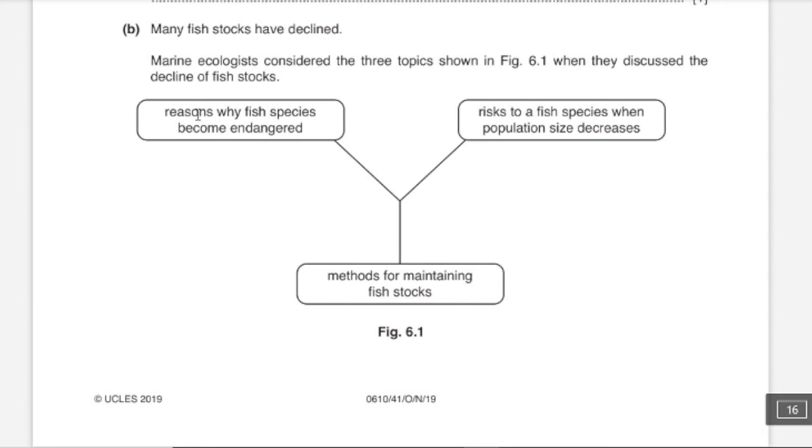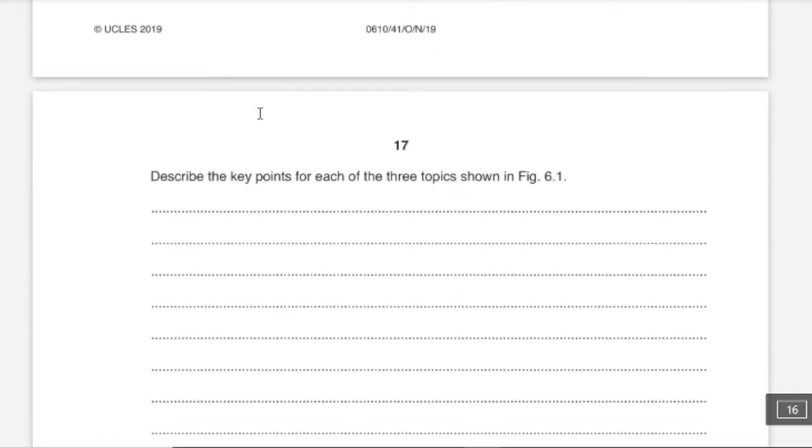So let's start with reasons why fish species have become endangered. Well, this can be a result of overfishing or humans hunting them.